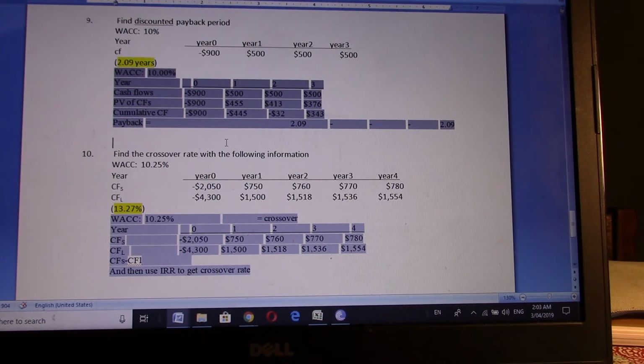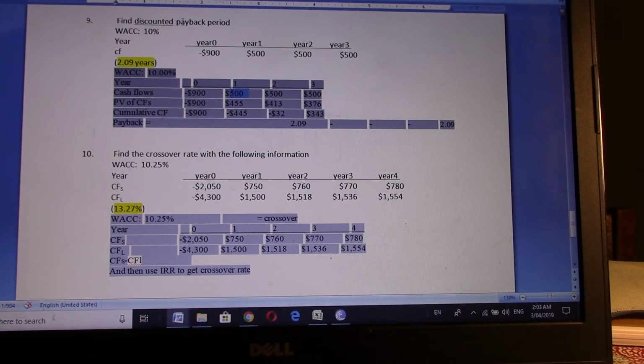See, for the payback period without discounting the cash flows, after the first year you still owe $400. The second year, you make $500, but your debt is $400.